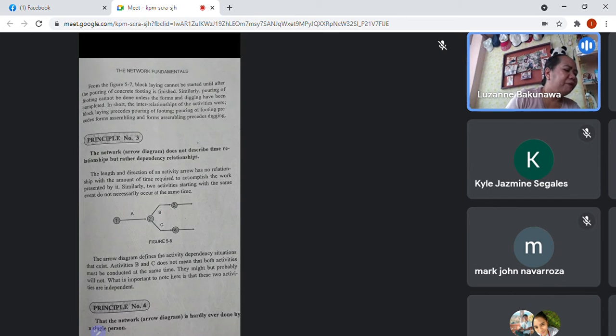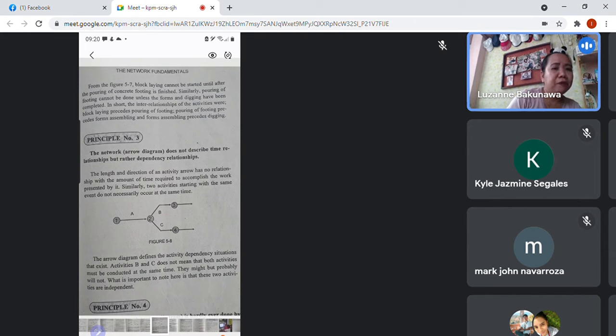So pouring of footing cannot be done unless forms and diggings have been completed. You cannot start pouring your footing if you have not finished excavating or digging your foundation. Then the formworks. So you should know which activities cannot start unless this one is finished.